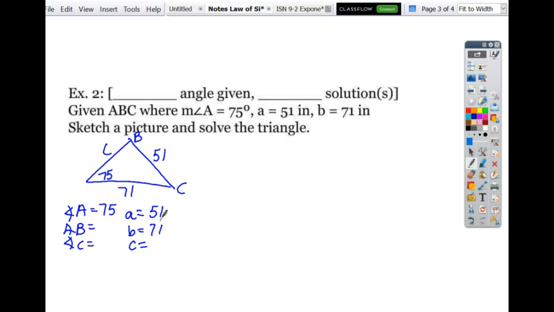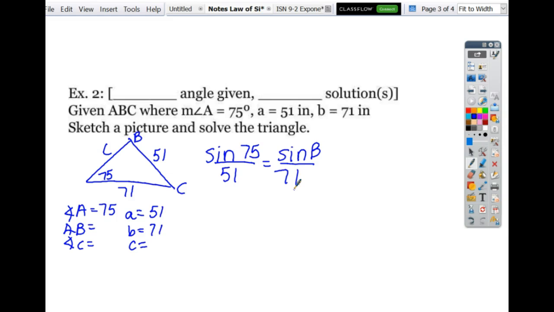So, for instance, on this one, when I set this up, how am I going to set it up? I'm going to take the sine of 75 over 51 equals... So I have this, right, Jada?